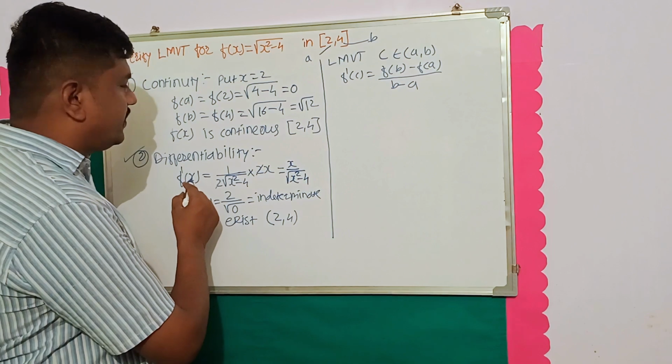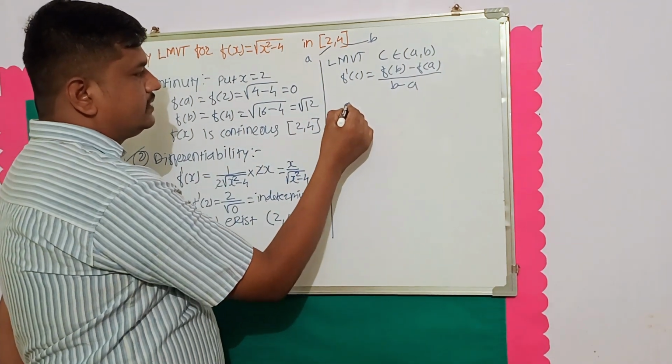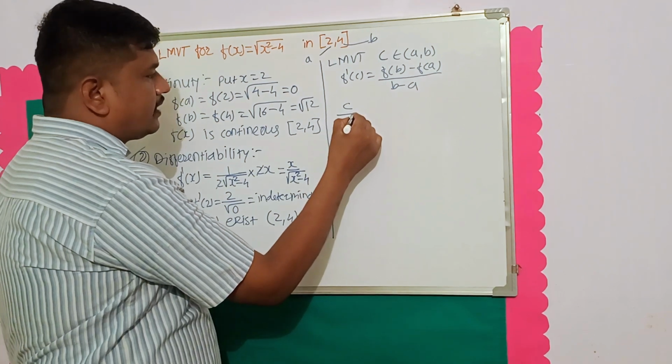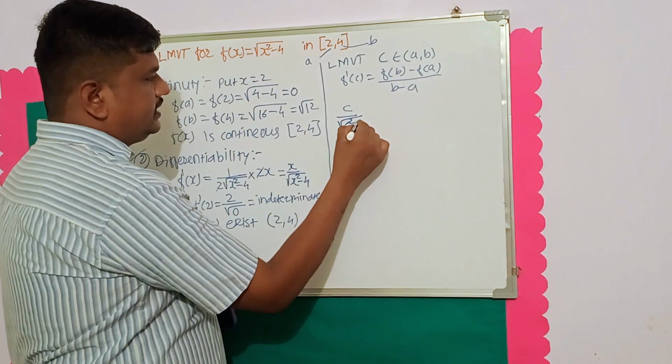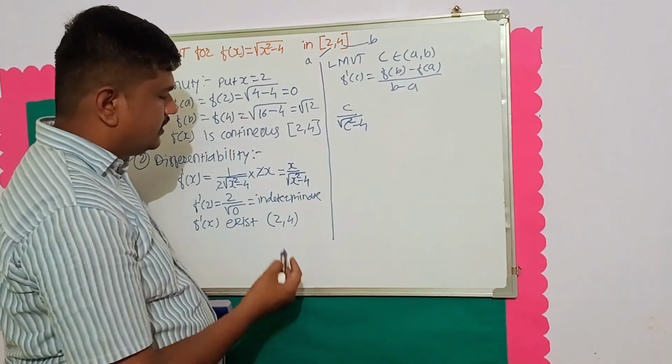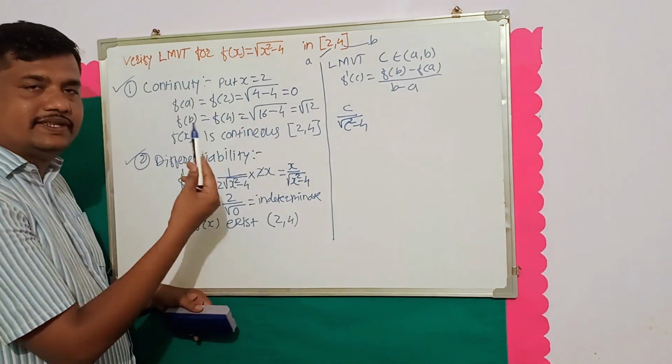So we will put all these values in this equation, and let us see what happens. Instead of x, if I replace with c, this f dash of c will become c divided by square root of c square minus 4, isn't it? See here, the x term is replaced with c.